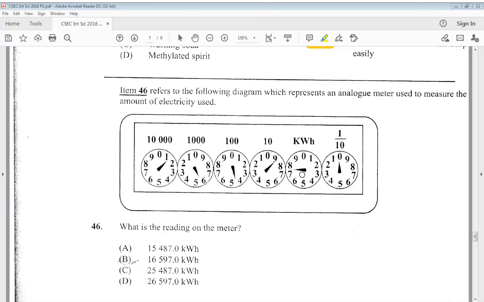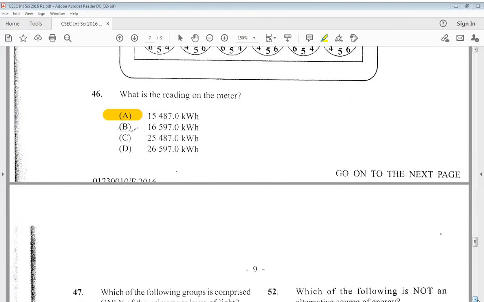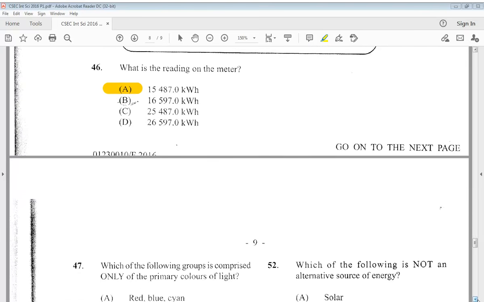So if you say A, then yes, you are correct. Right. So let's go on to number 47.